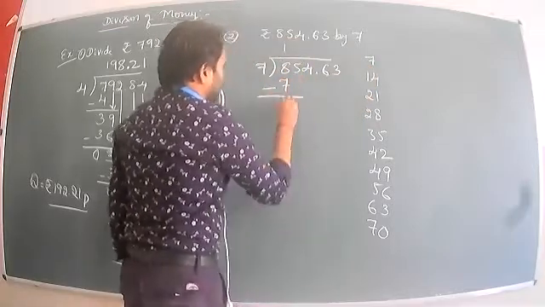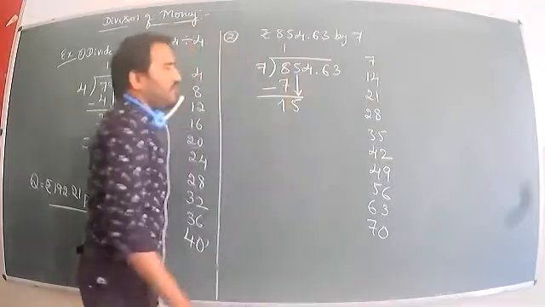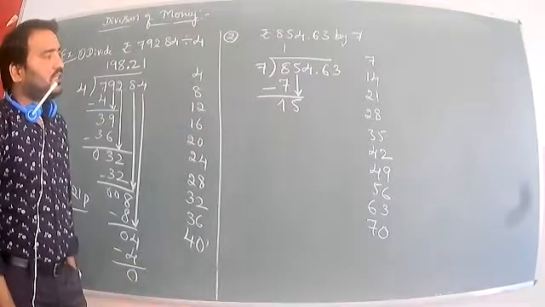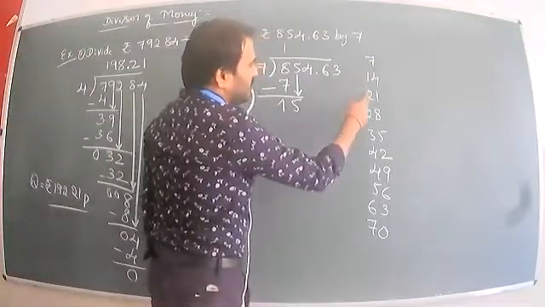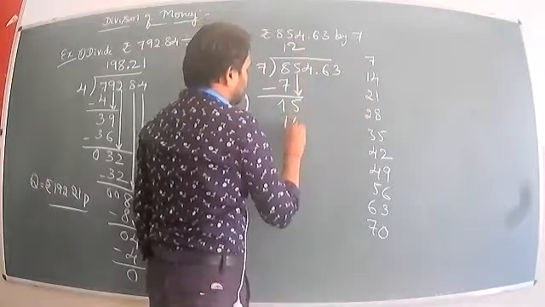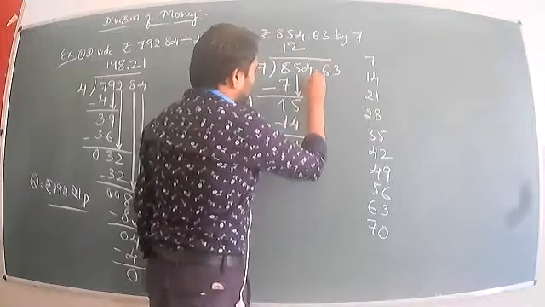Now 8 less 7, 1. Then 5 comes down, making 15. The nearest number to 15 in the 7 table is 7 2 the 14, as 7 3 the 21 is bigger. Now 5 less 4, 1, 1 less 1, 0.